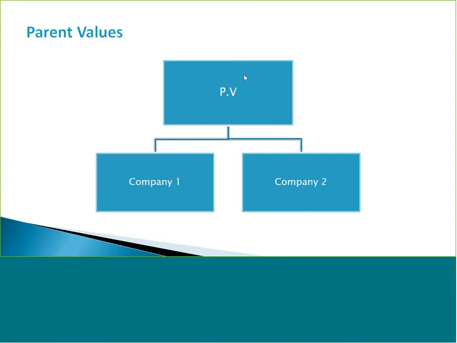So maybe for our company, we will create a parent value, and we can call it Maskani Real Estate. All right, and our two companies will belong to that one parent value.